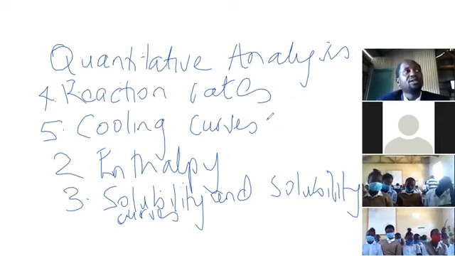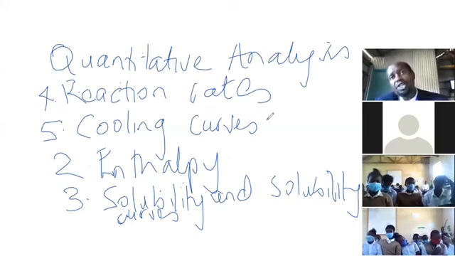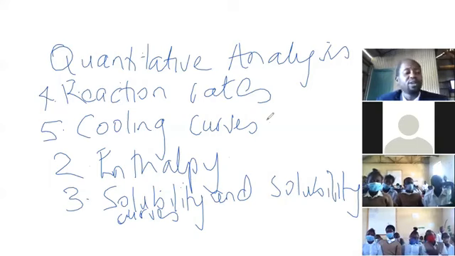Then we have also said from the graphs, you also obtain other values that you may use in calculations, and you can also be asked to give an interpretation of a given graph.